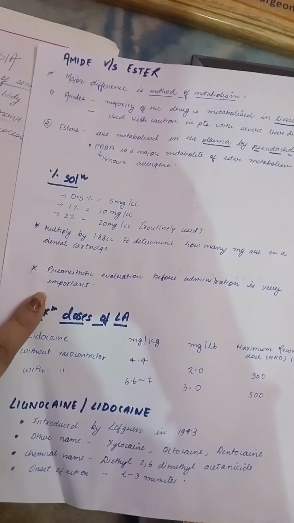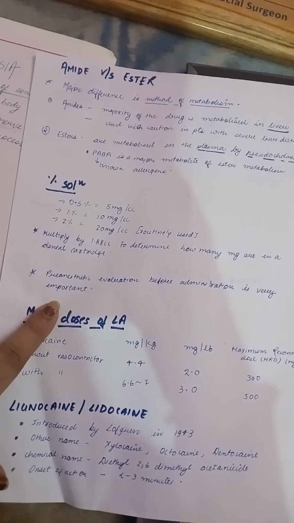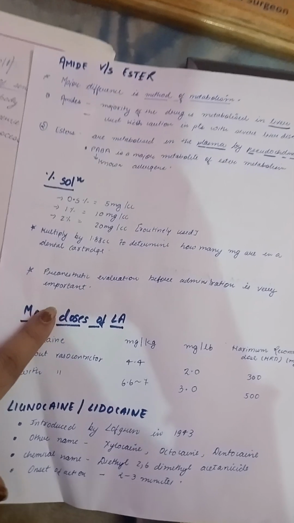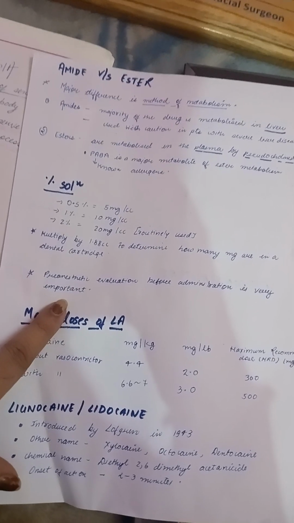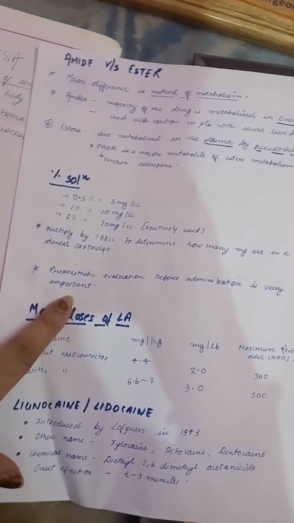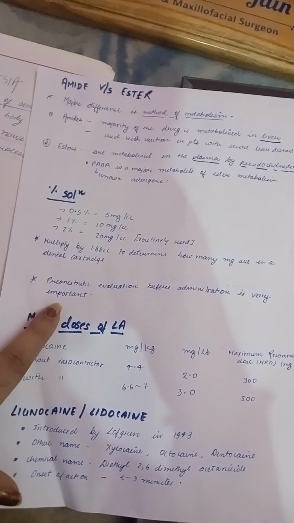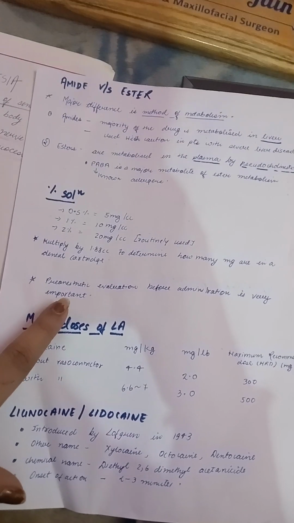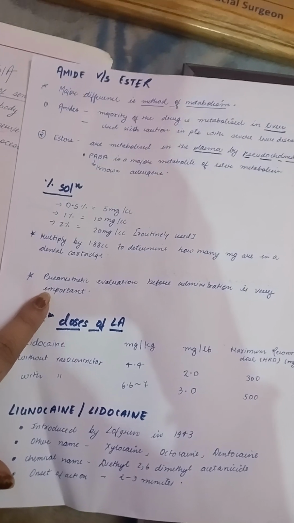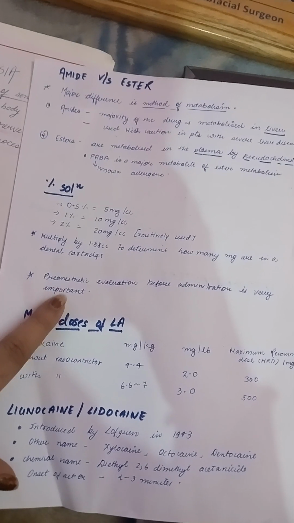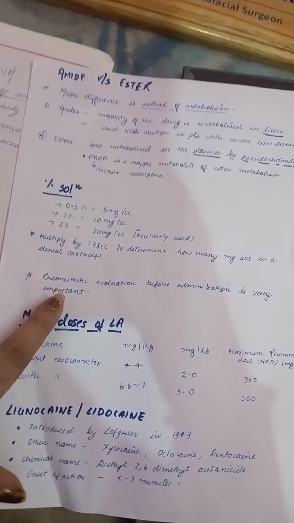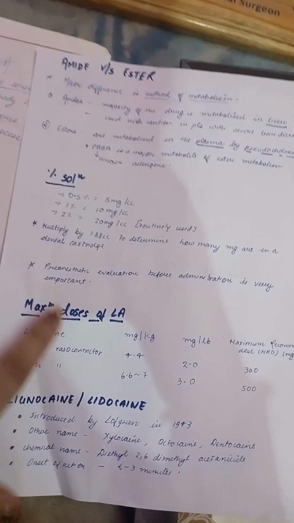And most importantly, while administering LA or before administering LA, there should be a pre-anesthetic evaluation. That means you should know if the patient is allergic to some drug, you should know all the medical history, how it is being used, the age of the patient, sex, everything.